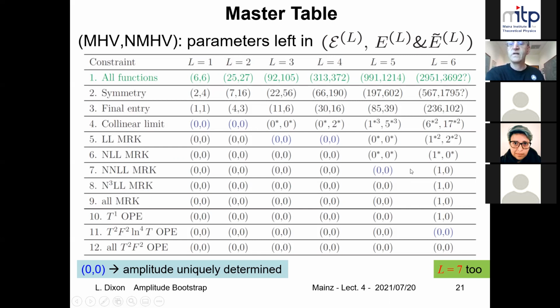And fairly quickly, the answer gets determined, except for the MHV 6-gluon amplitude, which survives all of the multi-Regge constraints. And the 7-gluon MHV amplitude is the same, whereas the NMHV ones are completely fixed before you even enter the OPE limits. But this one, for this one parameter, he's a pretty fiendish function. Not only does he survive the entire MRK limit, but he also survives all the terms in the OPE expansion at leading order.